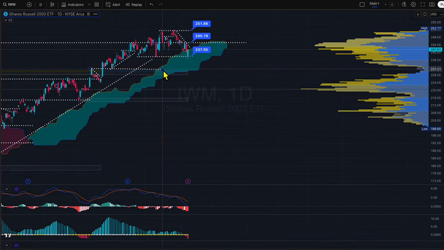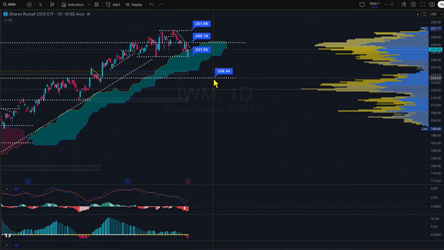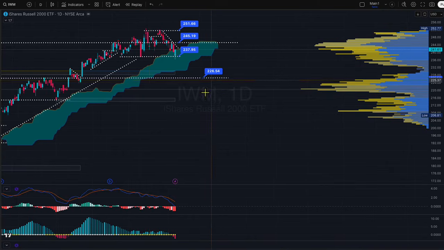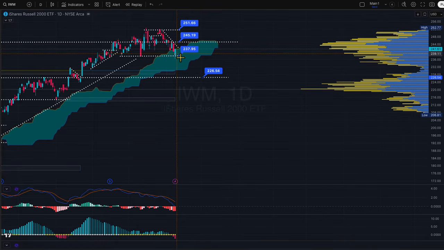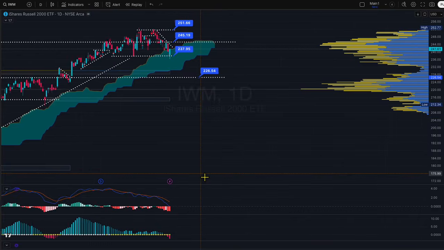If IWM turns bearish, they could come around here. If that happens, the process is lengthy, 226. Okay, but right now look at this MACD. If IWM rejection comes around here, folks, and then goes lower, oh boy, IWM could be a disaster.